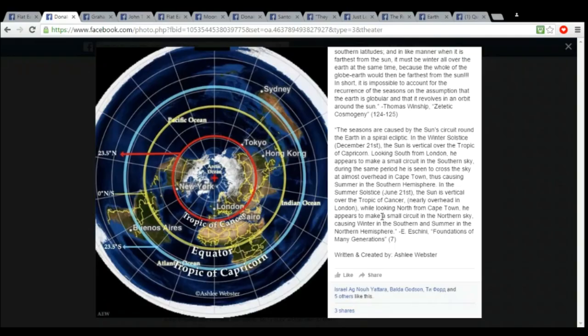In the summer solstice, June 21st, the sun is vertical over the Tropic of Cancer, nearly overhead in London, while looking north from Cape Town, it appears in a small circuit around the northern sky, causing winter in the south and summer in the northern hemisphere. Foundations of Many Generations, by Ashley Webster.